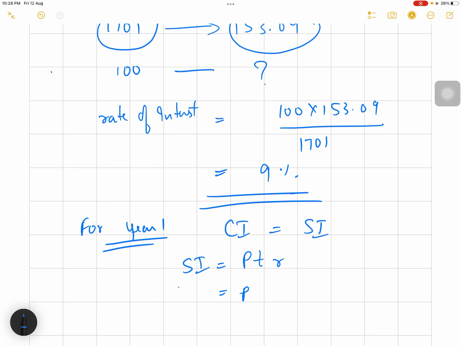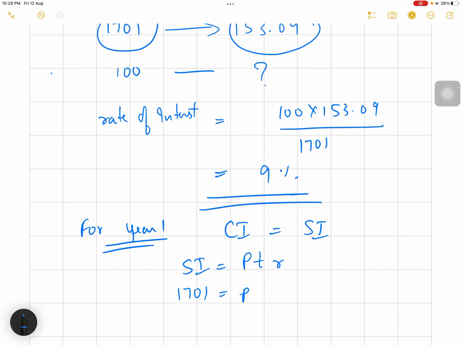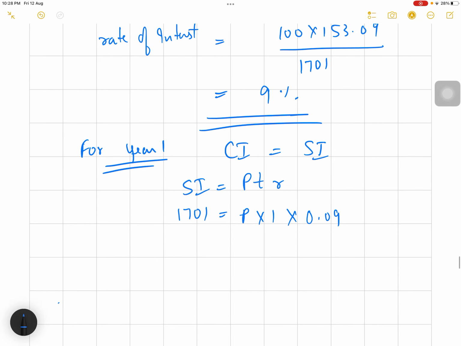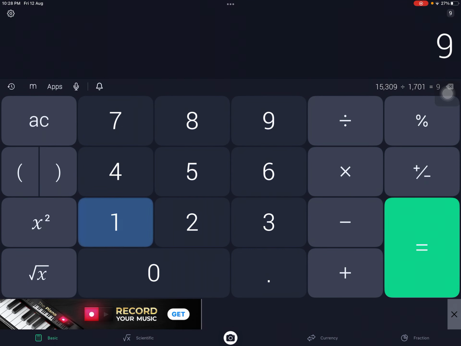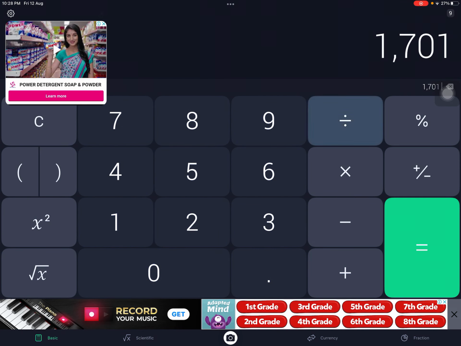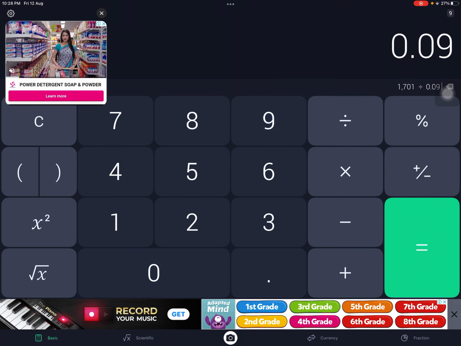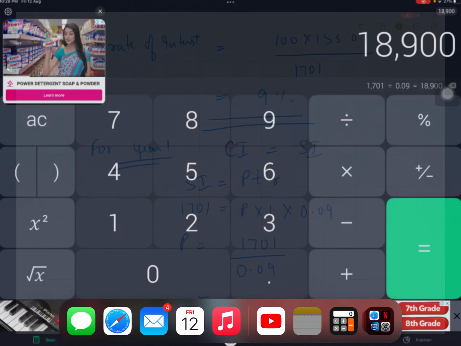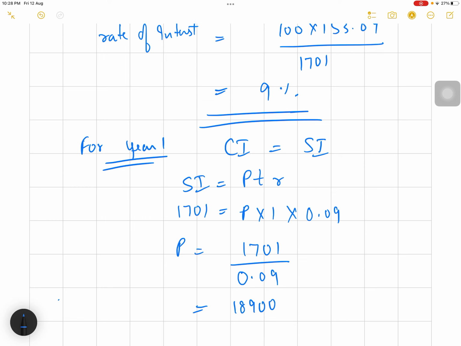Simple interest for year 1 was 1701. T is 1 year and R is 9%, 9 upon 100, so 0.09. So P is equal to 1701 divided by 0.09, which is 18,900. So the answer is 18,900.